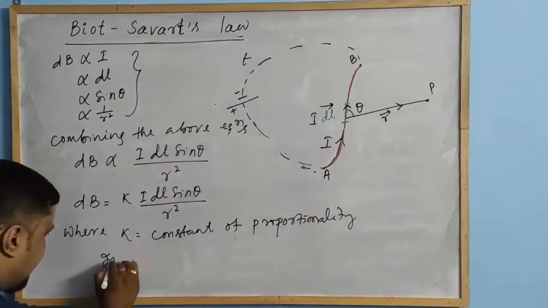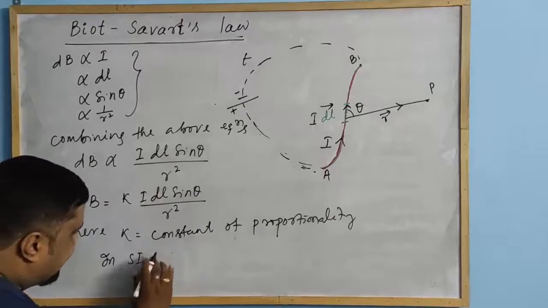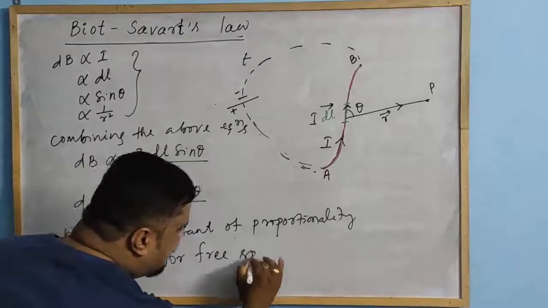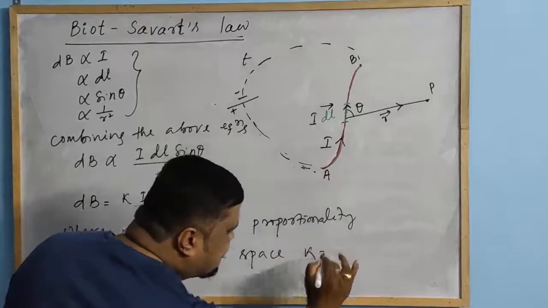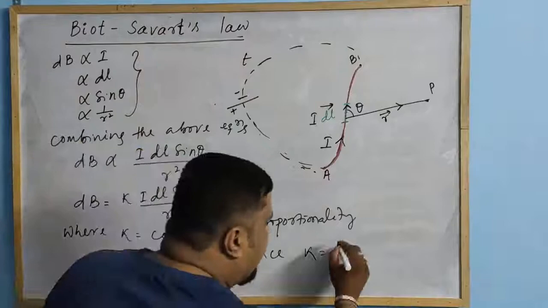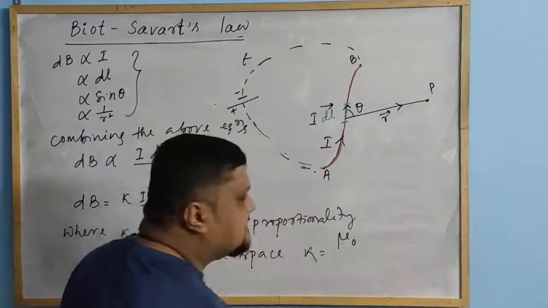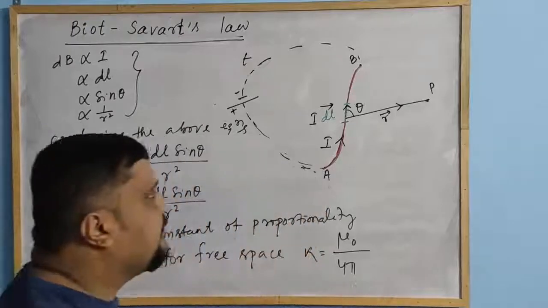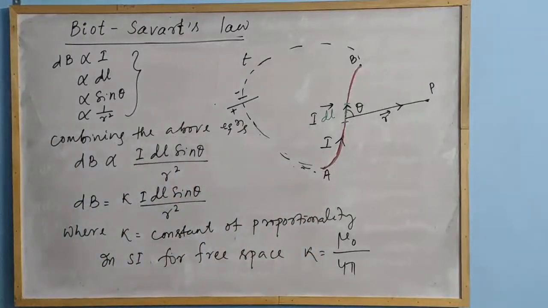In SI for free space, k is equal to, as in magnetism, we go to the permeability of free space, mu naught by 4 pi.